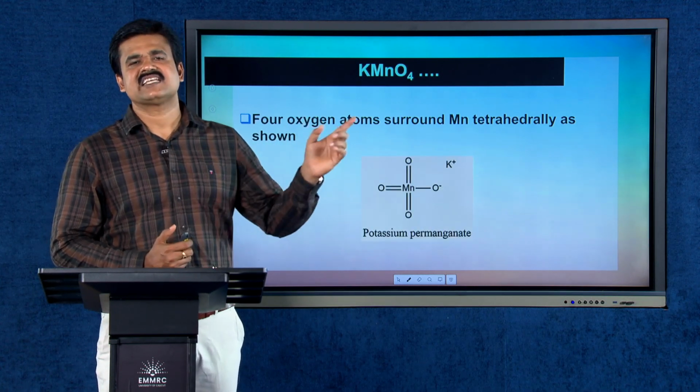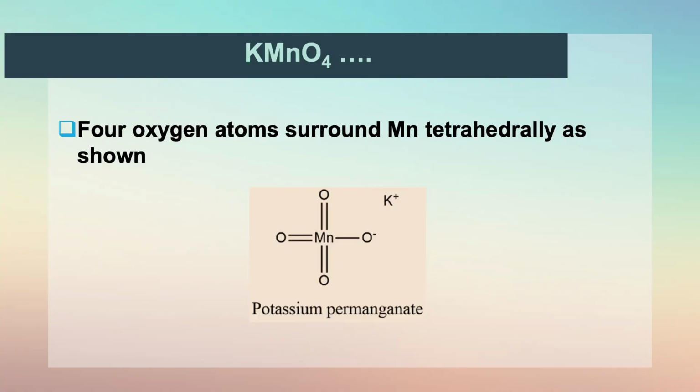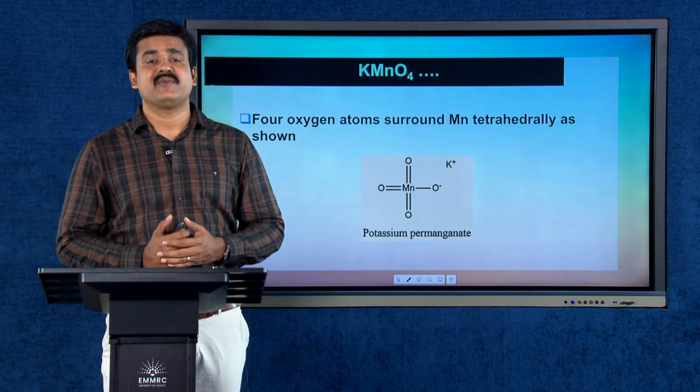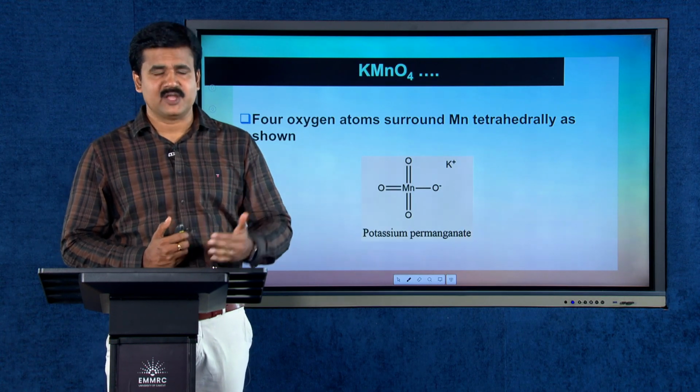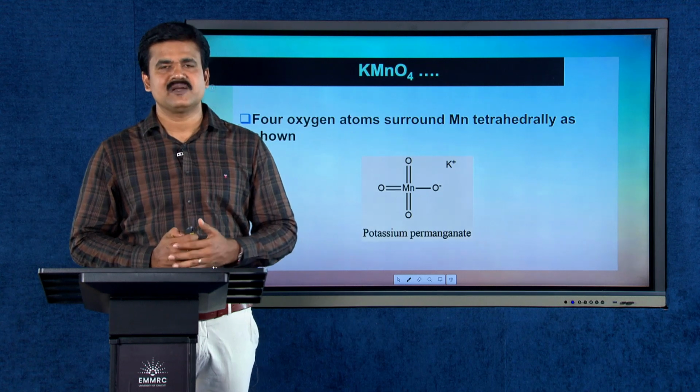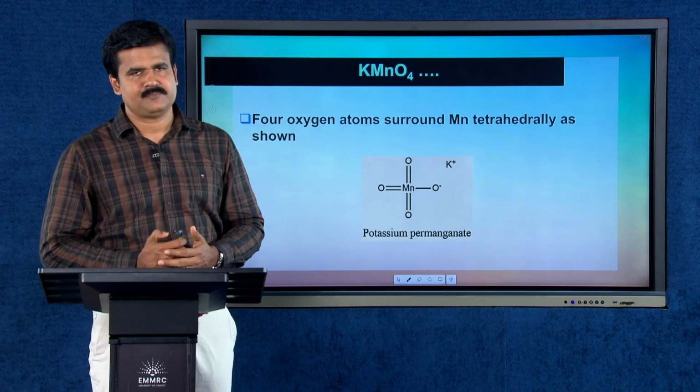That means here there is a central manganese, and 4 oxygen atoms are surrounding the central atom manganese. Since the central atom manganese exhibits sp3 hybridization, these 4 oxygen atoms are theoretically at the 4 corners of a regular tetrahedron, or this MnO4 minus permanganate ion exhibits tetrahedral geometry as well as tetrahedral shape.